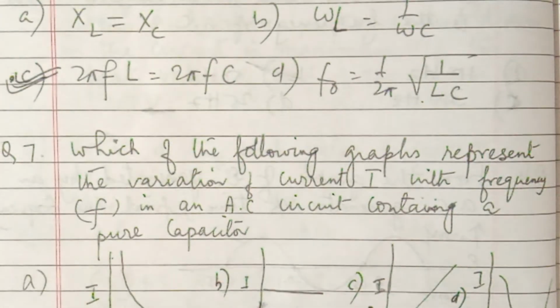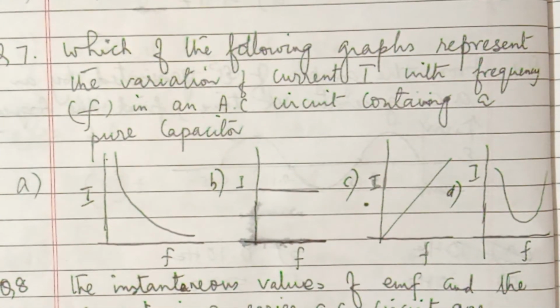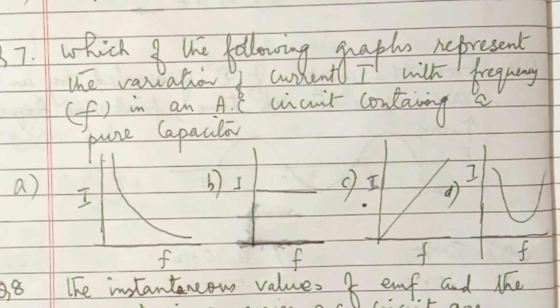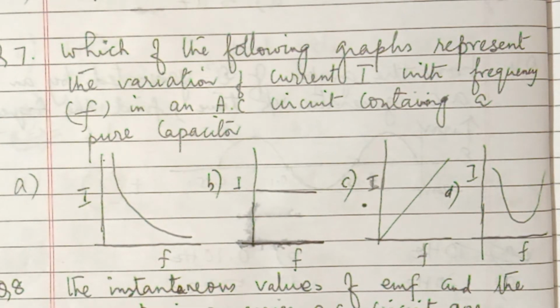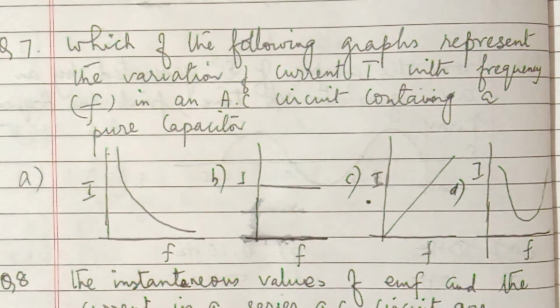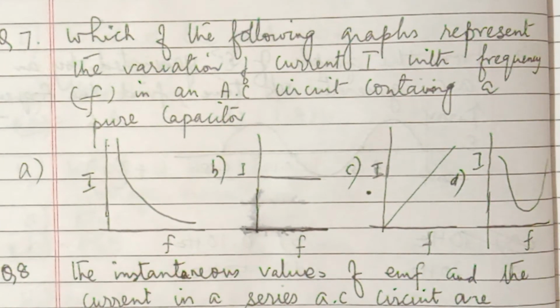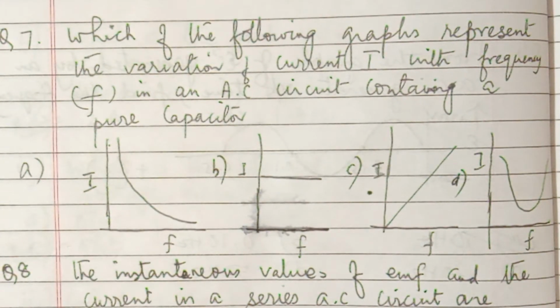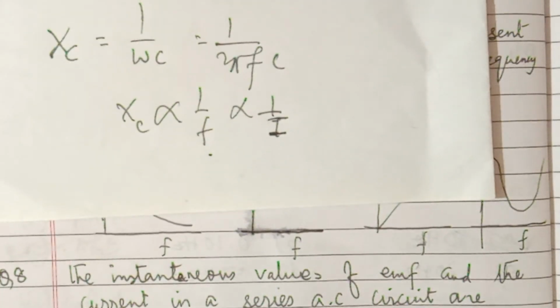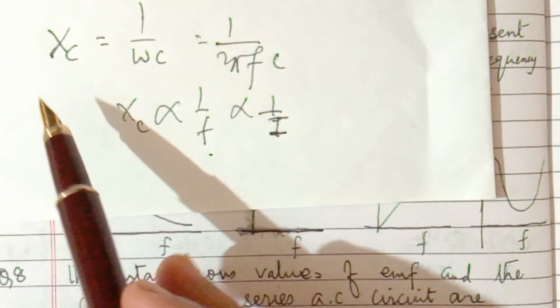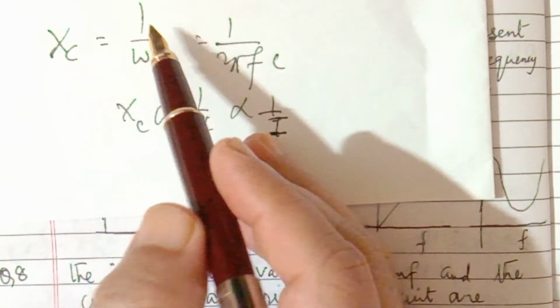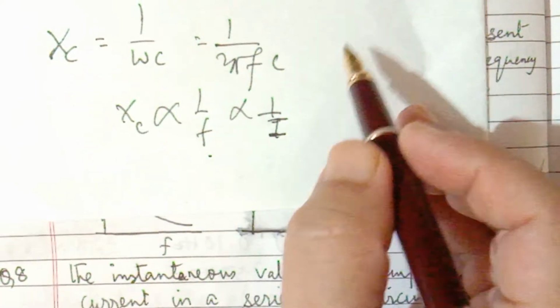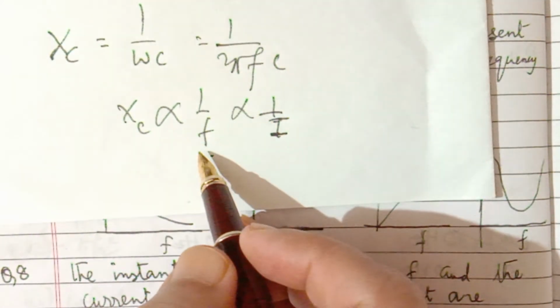Okay, so next question is, which of the following graph represent the variation of current with frequency in an AC circuit containing a pure capacitor? Pure capacitor. Okay, in capacitor the reactance XC is 1 by omega C, that is XC is inversely proportional to frequency.